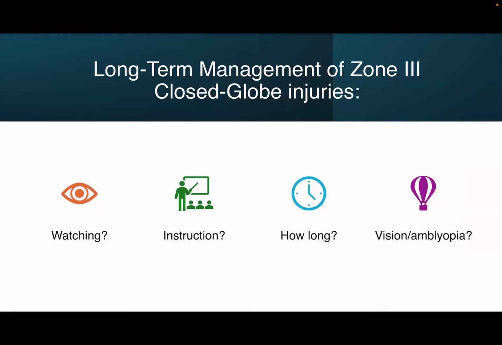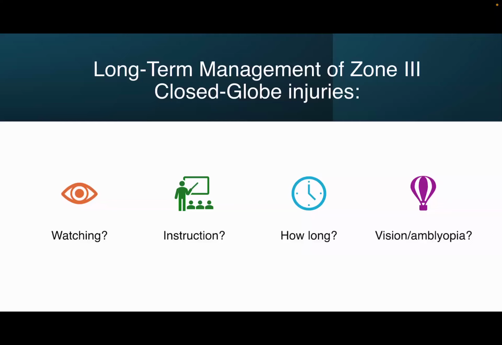Long-term management of zone 3 closed injury: you have to watch for further hidden, missed injuries. You have to look at the periphery of the retina as the child is calming down and you have enough view to see the periphery of the retina.